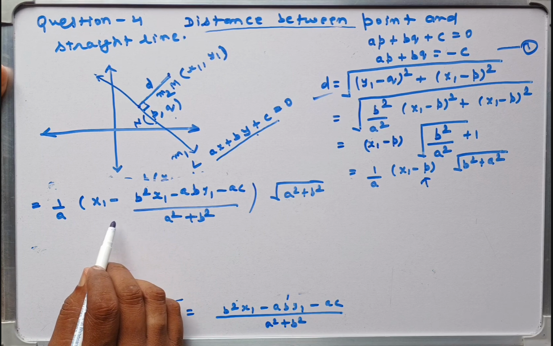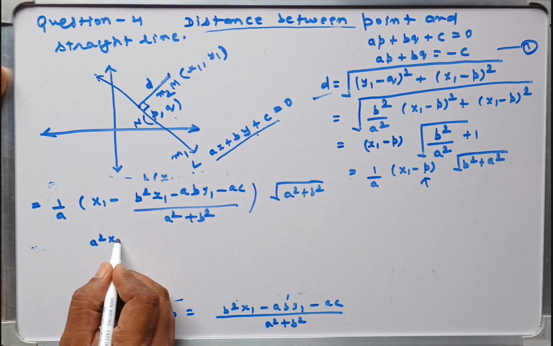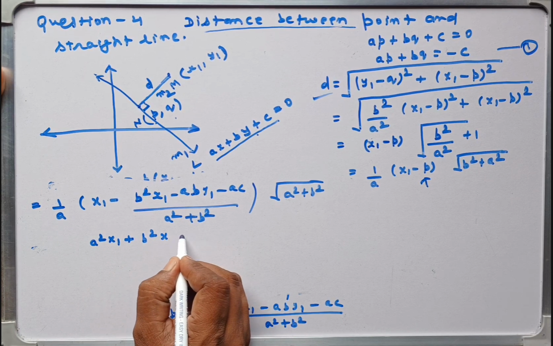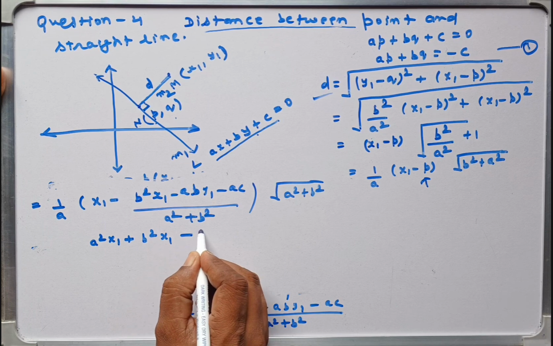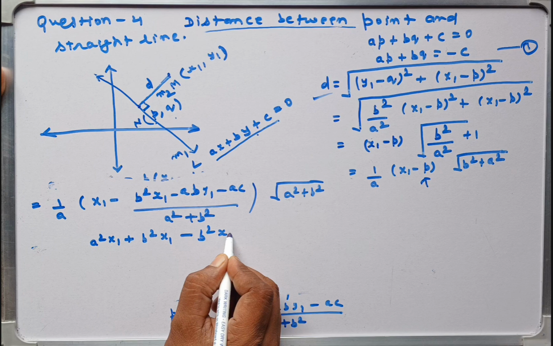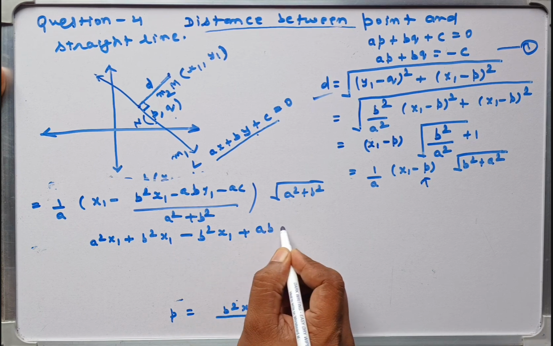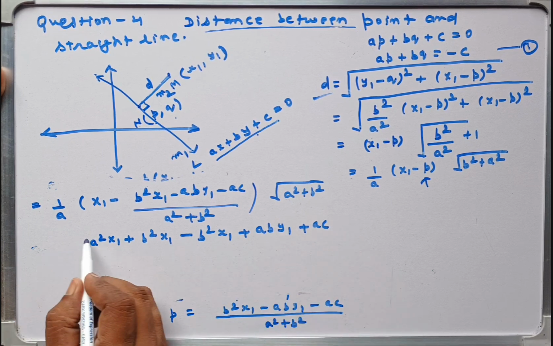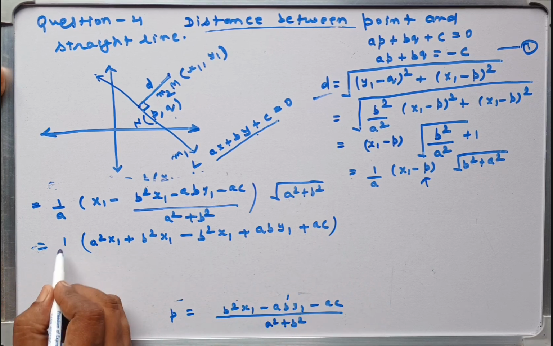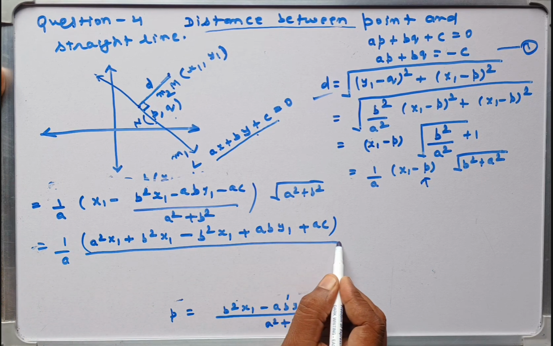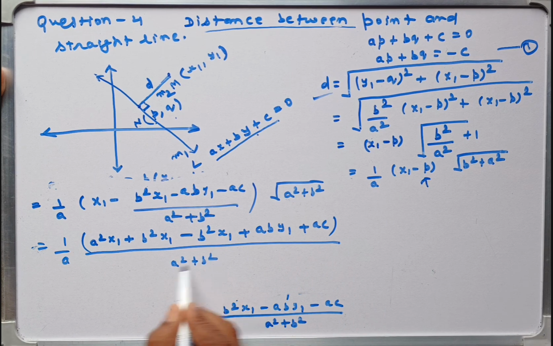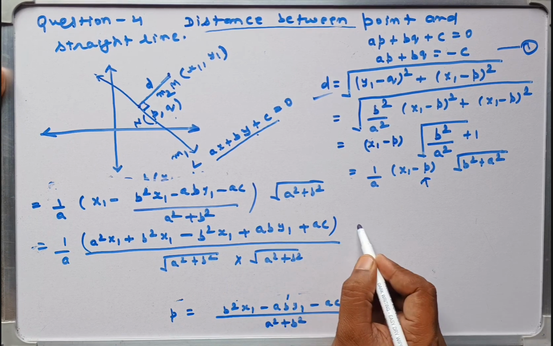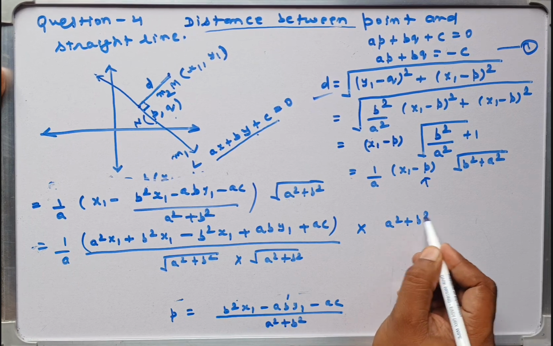So this will come, guys, a square x1 plus b square x1 minus b square x1 plus ab y1 plus ac, and you can write it as 1 by a, over the square root of a square plus b square, into the square root of a square plus b square, multiplied by the square root of a square plus b square.